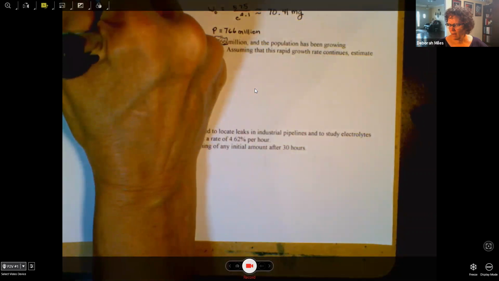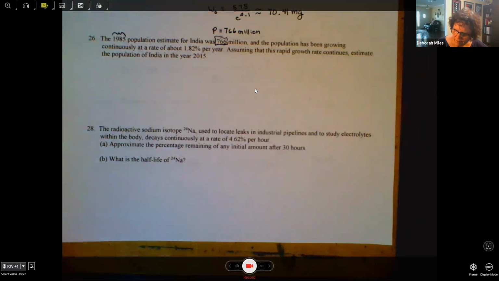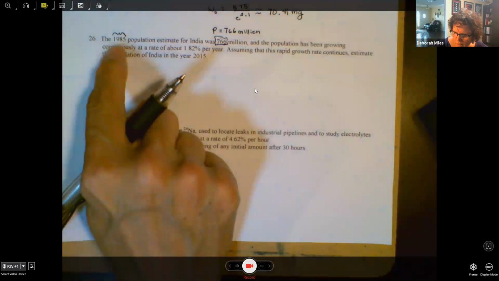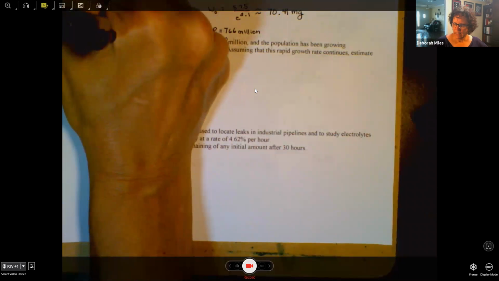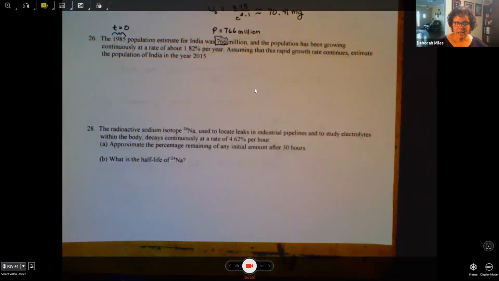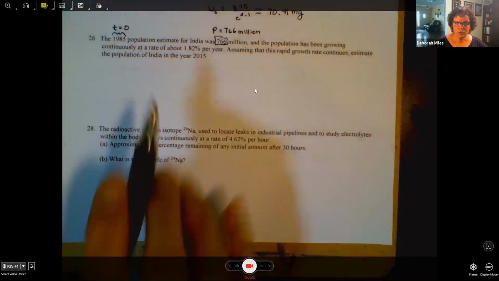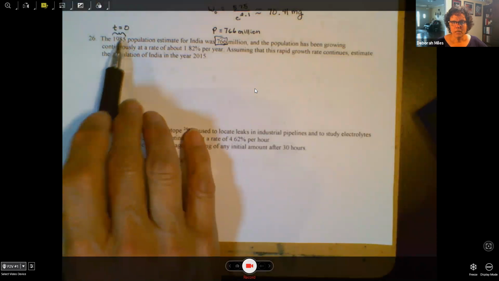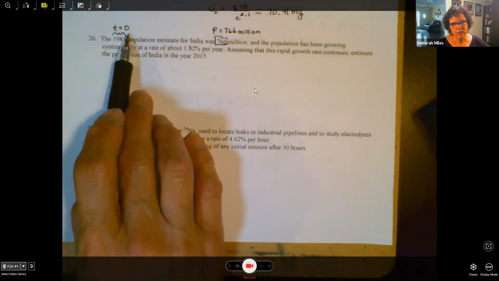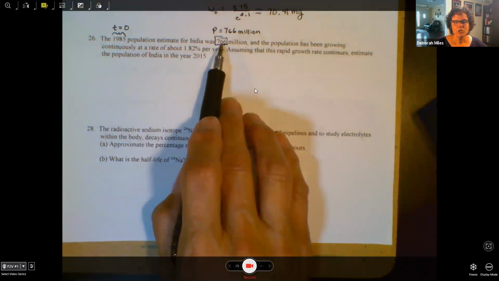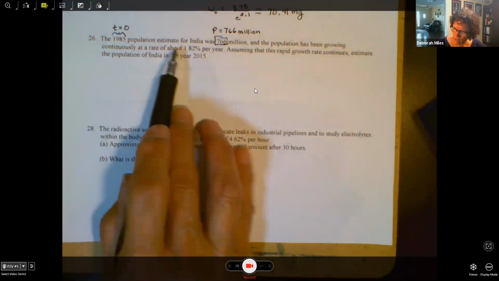The initial time is 1985, so let 1985 represent the original time, or t equals 0. In 1985, when t equals 0, the population is 766 million, and the population has been growing continuously at a rate of about 1.82% per year.